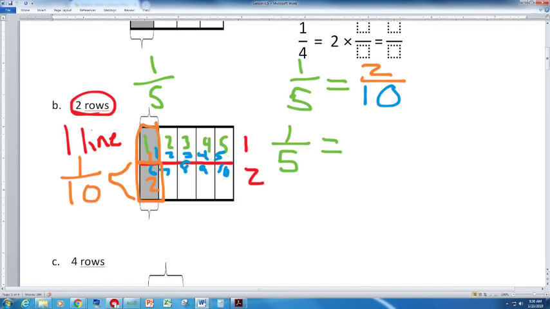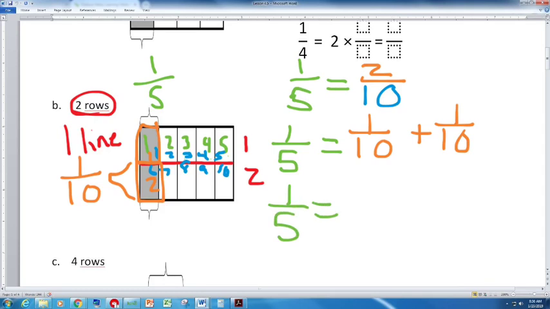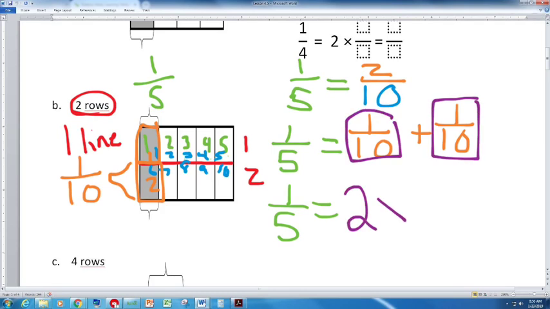So 1/10 plus 1/10. To show our multiplication problem, we have 2 times, and each one is worth 1/10. That's essentially our lesson for today.